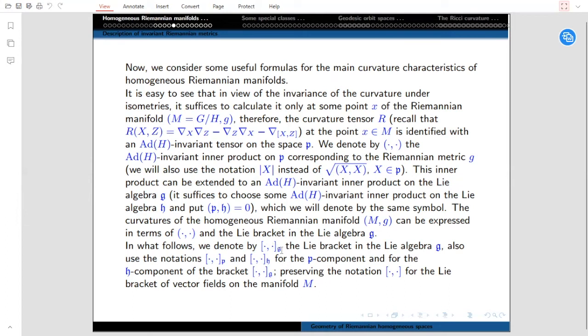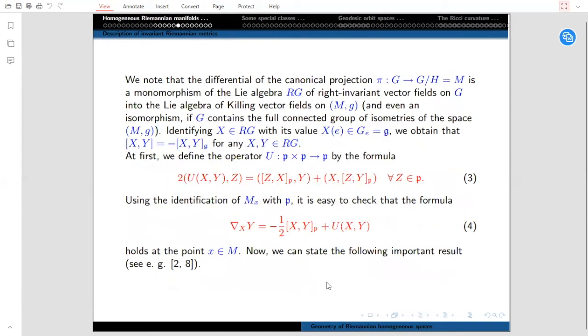Sub-index G means the Lie bracket in the Lie algebra G. P and H are the P component and H component of these brackets. And this notation we preserve for the Lie bracket of vector fields on the manifolds. We have a projection between vector fields and elements of the Lie algebra.